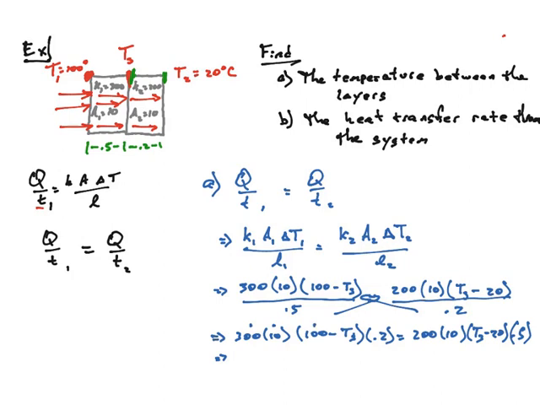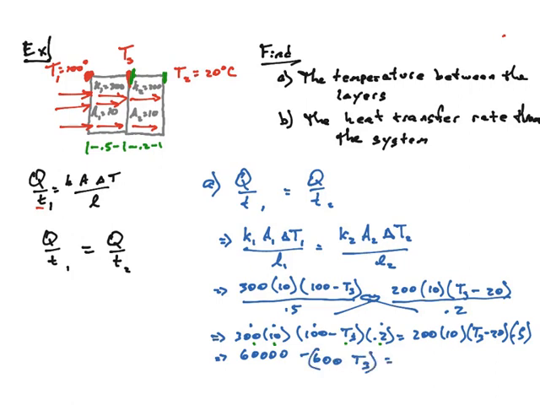This times this times this times this. Distribute it all. This gives me 60,000. Then I do 300 times 10 times minus T3 times 0.2. So 300 times 10 times 0.2 times minus T3 is minus 600 T3.